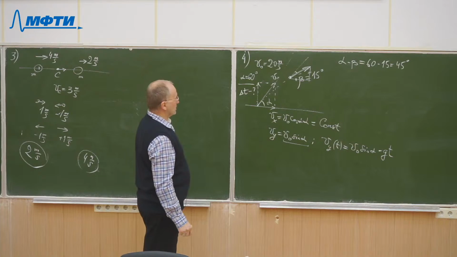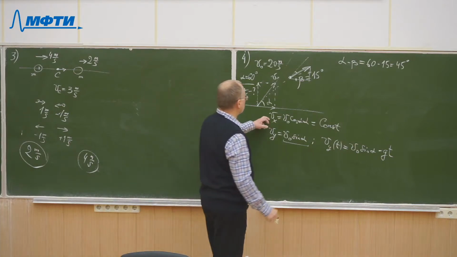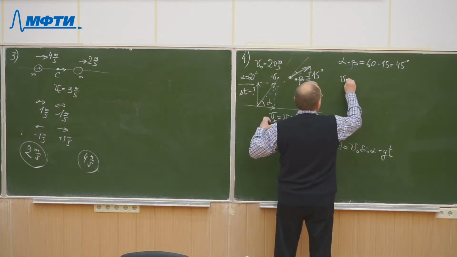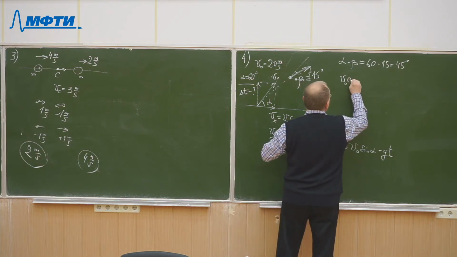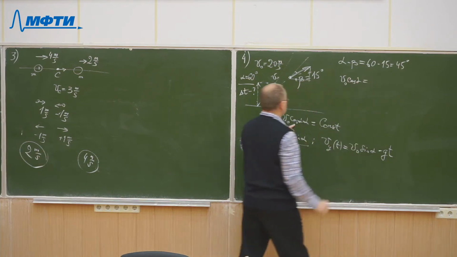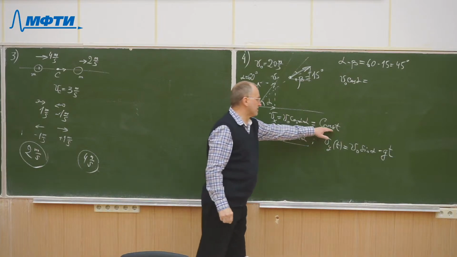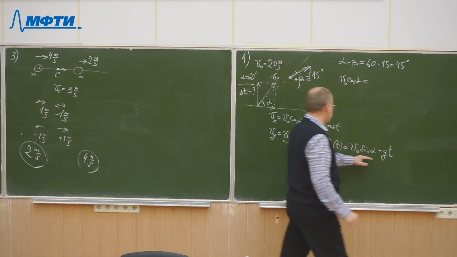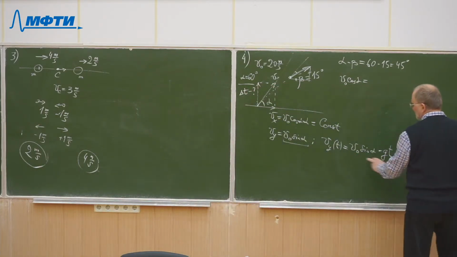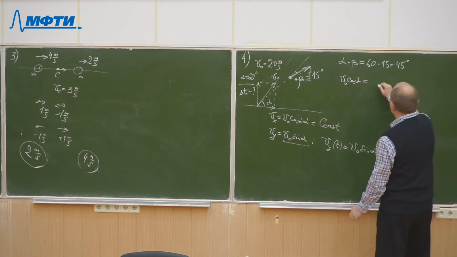If they are the same, then we have a very simple equation, which means the initial velocity along the horizontal direction, which is constant in time, must be the same as the vertical component at some moment of time.